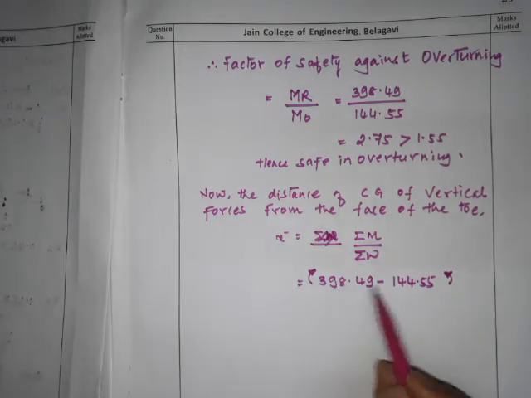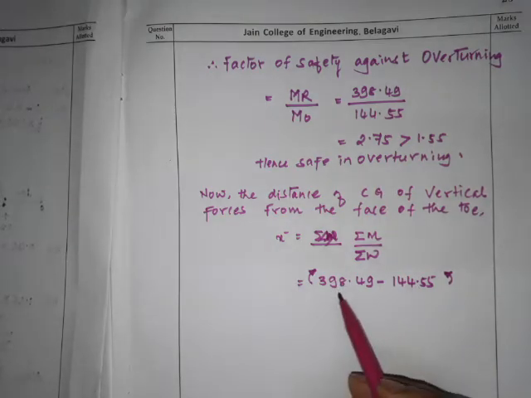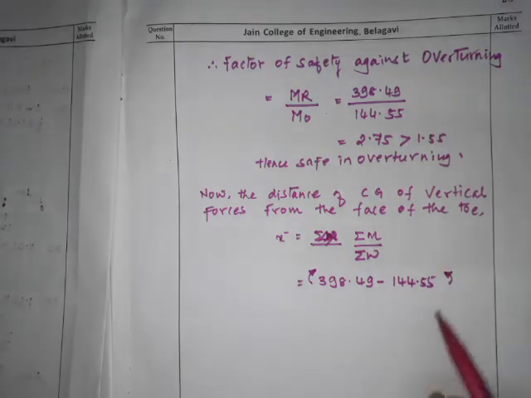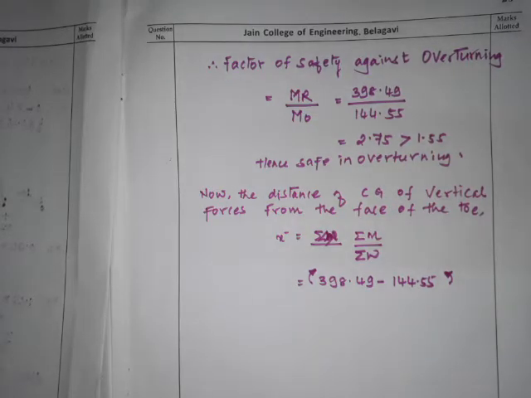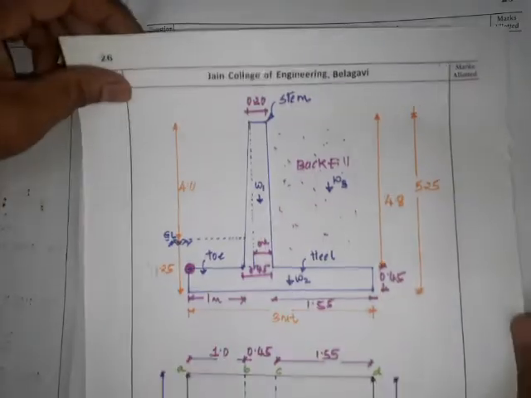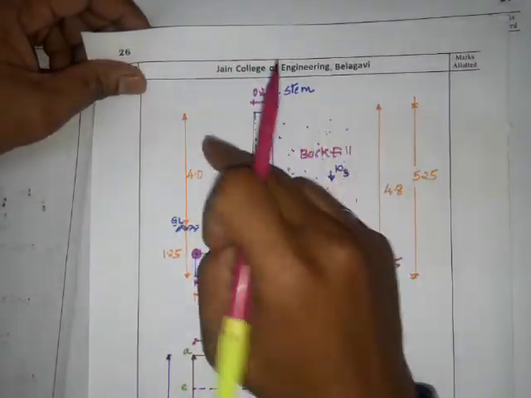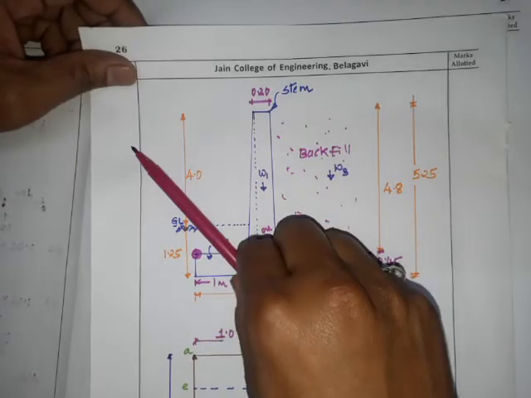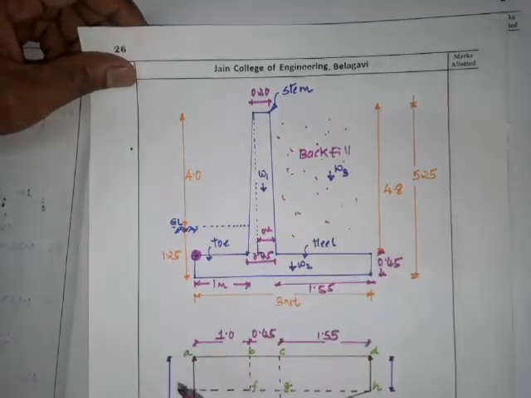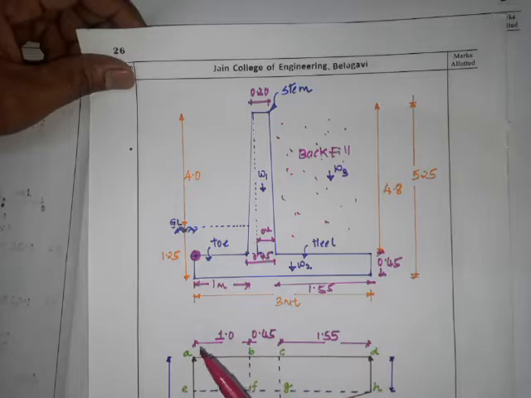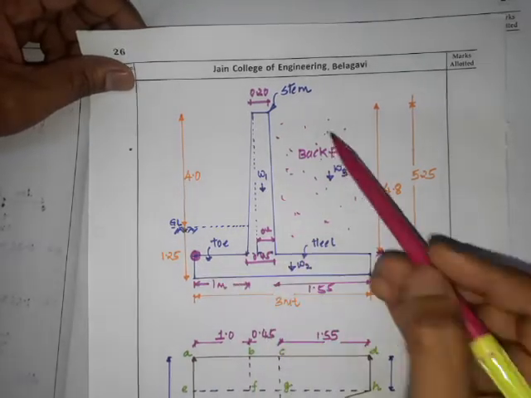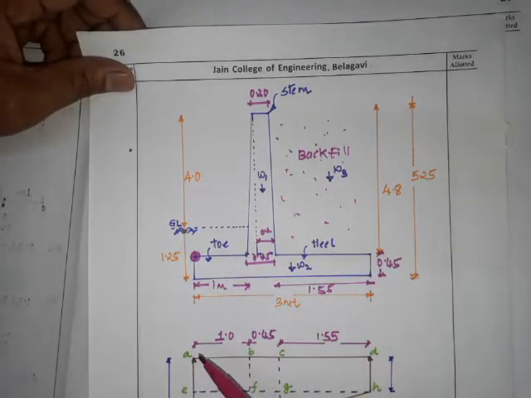So plus, minus. The resisting moment will act in clockwise direction, and the overturning moment tries to overturn the retaining wall, so it is in anti-clockwise direction, and the resisting moment will try to resist the overturning.